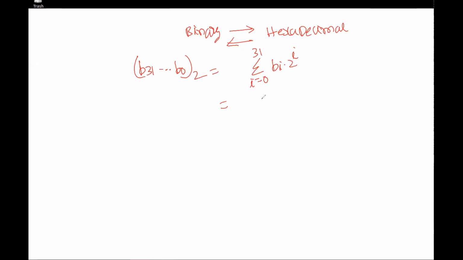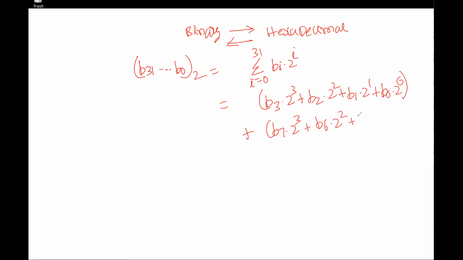We can rewrite this summation in this particular form. We can rewrite this as B3 into 2 cube plus B2 into 2 square plus B1 into 2 power 1 and B0 into 2 power 0. This is the first summation. And then we can write B7 into 2 cube plus B6 into 2 square plus B5 into 2 power 1 plus B4 into 2 power 0, all times 2 power 4.